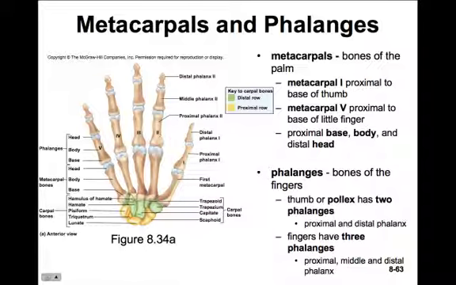The fingers are numbered 2, 3, 4, and 5. The second finger, for example, has a proximal phalanx, a middle phalanx, and a distal phalanx. So we might call this proximal phalanx 2, to be specific.